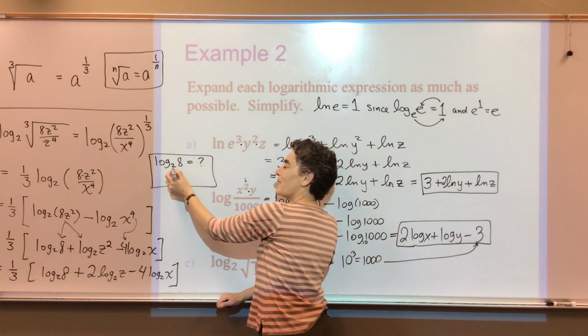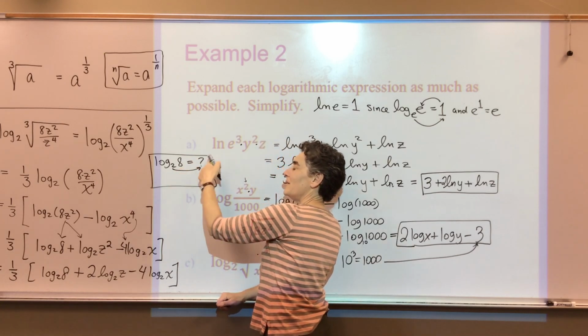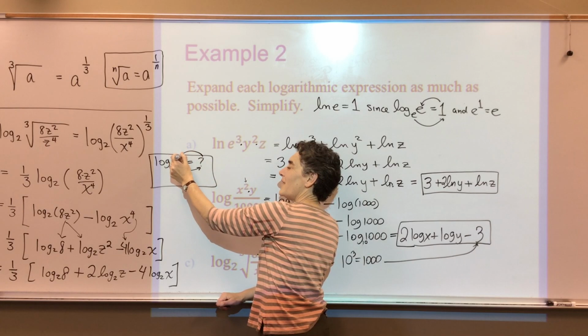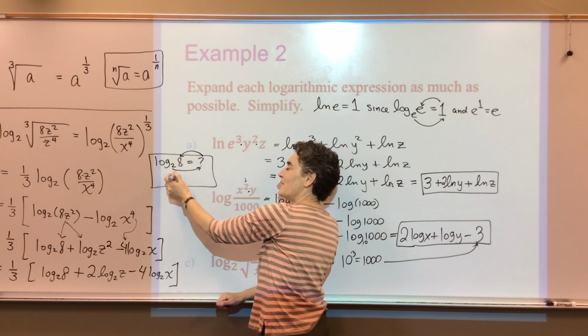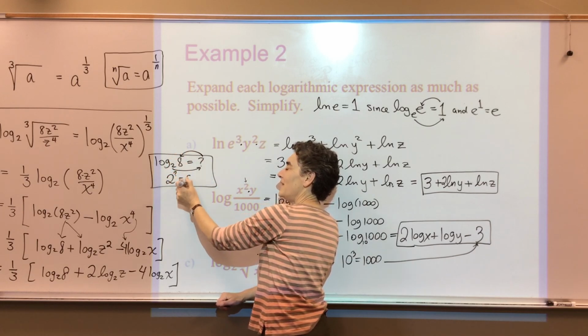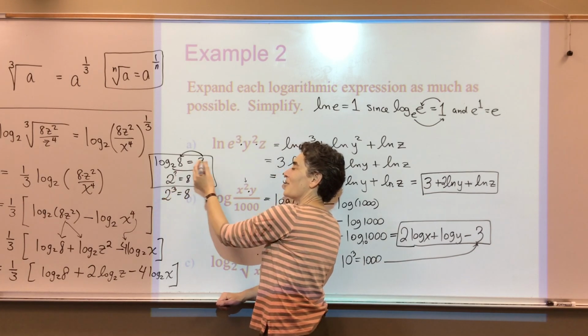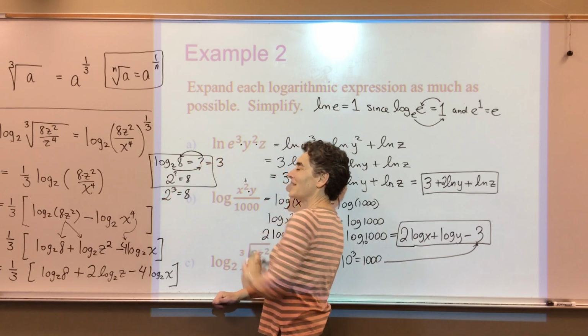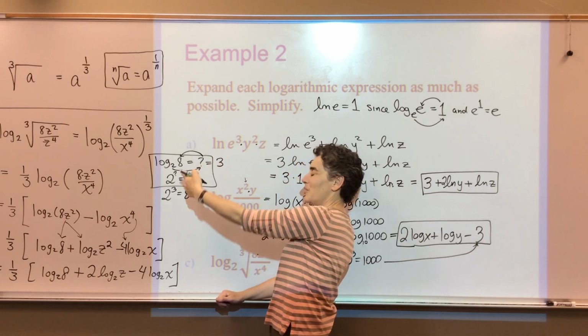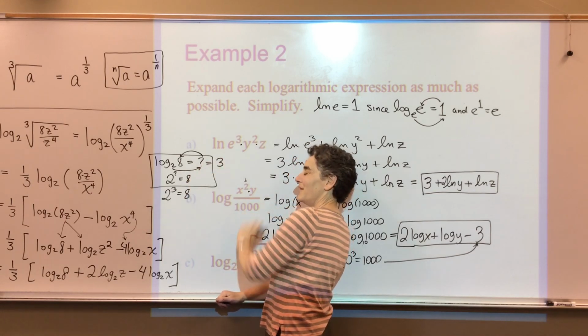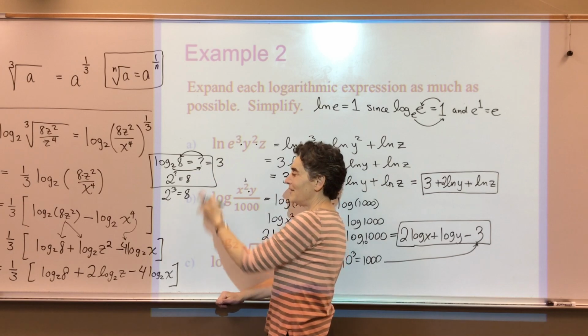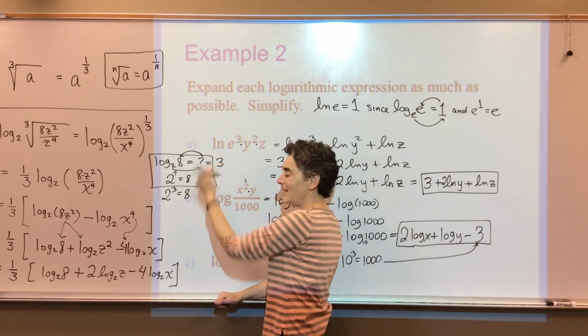Well, whatever number it is, it's something that you raise 2 to the power of that to get 8. And we know that 2 to the third makes 8, so that question mark must be a 3. It's not a question mark anymore. So log 2 of 8 is 3.